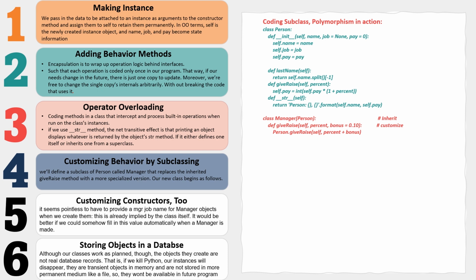We have discussed polymorphism in Python, but polymorphism in OOP is this: irrespective of the instance type, Python runs the appropriate give raise for all three instances. In simple terms, what the give raise method does depends on what object you give it to. This is what is called polymorphism.